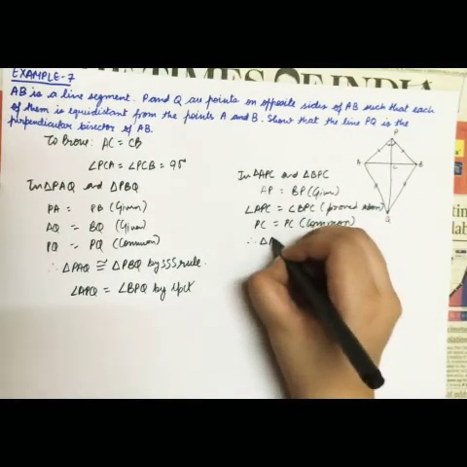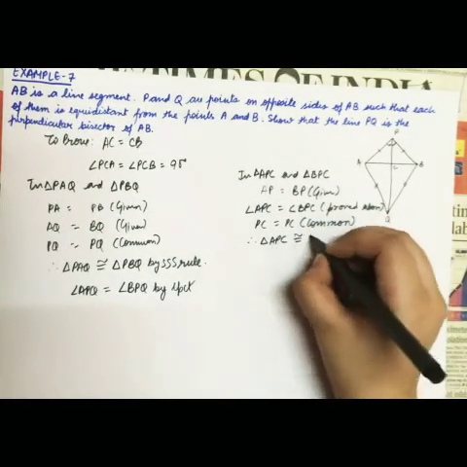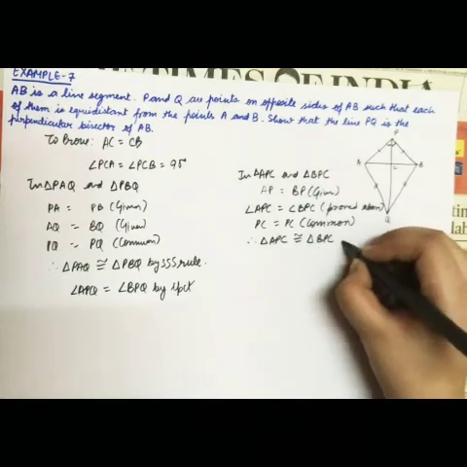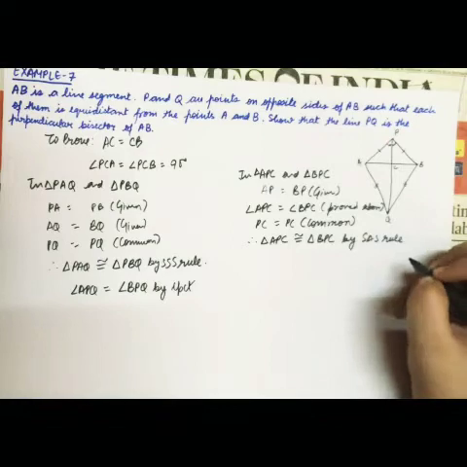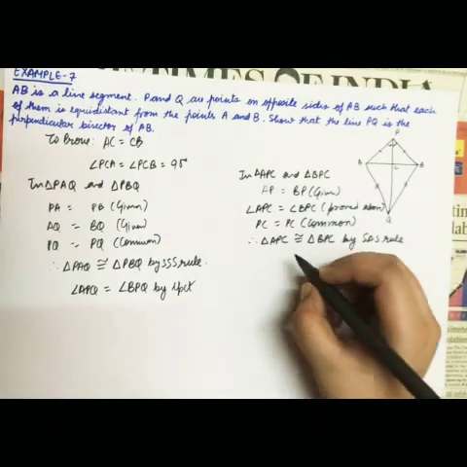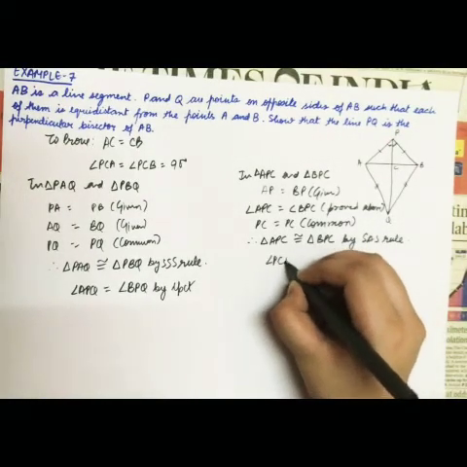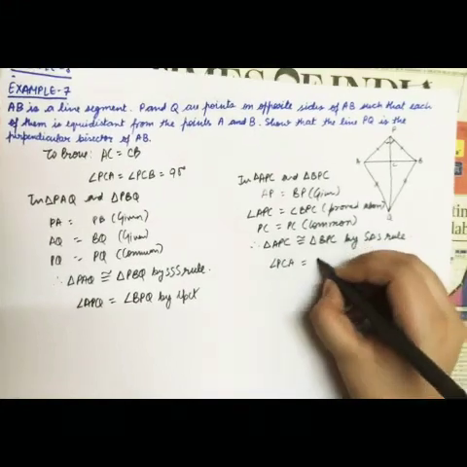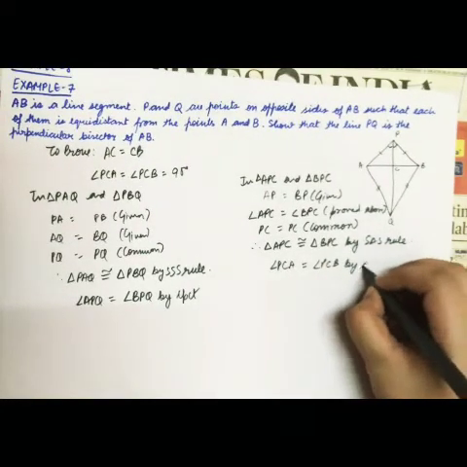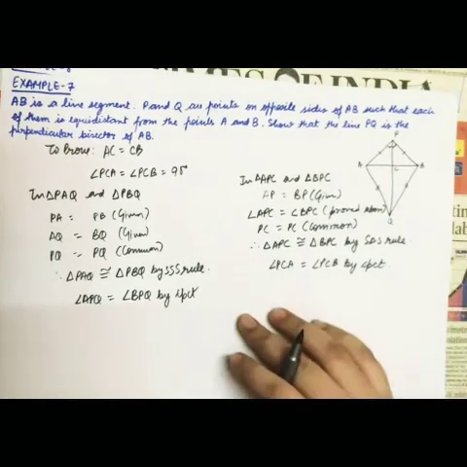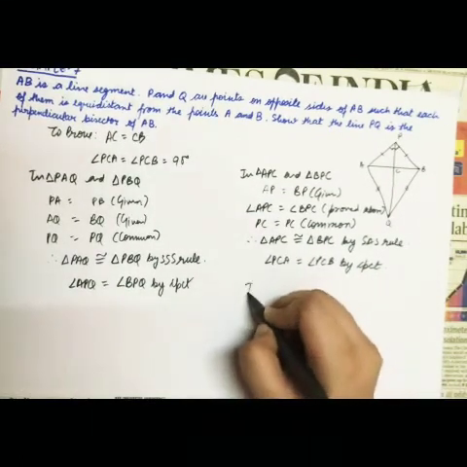Therefore, triangle APC is congruent to triangle BPC by SAS rule. Now we can say that angle PCA is equal to angle PCB by CPCT.